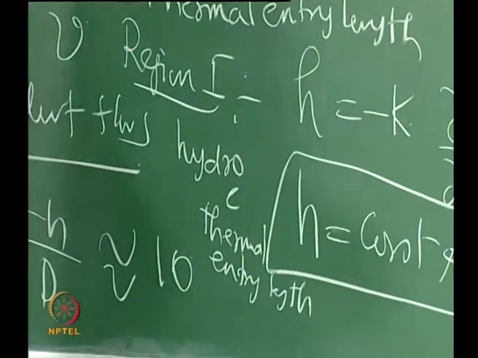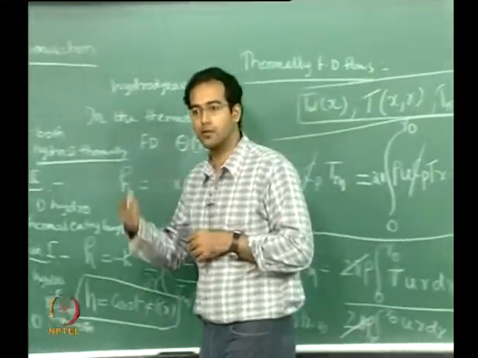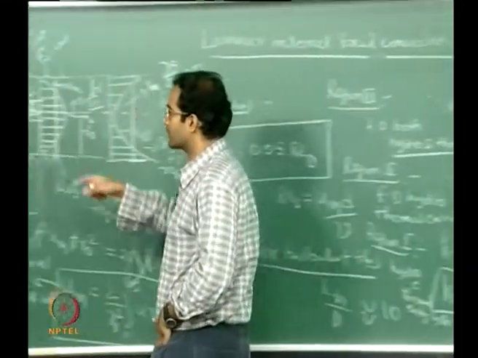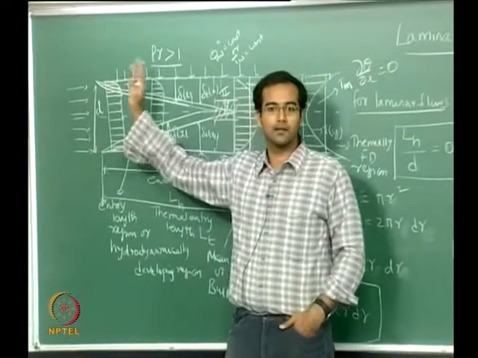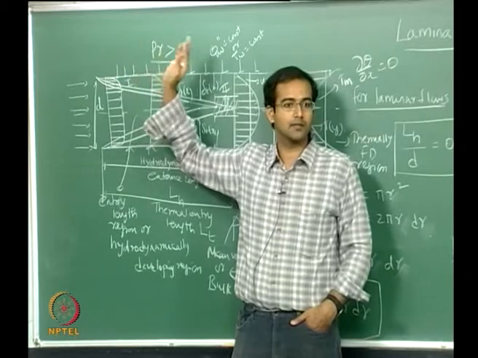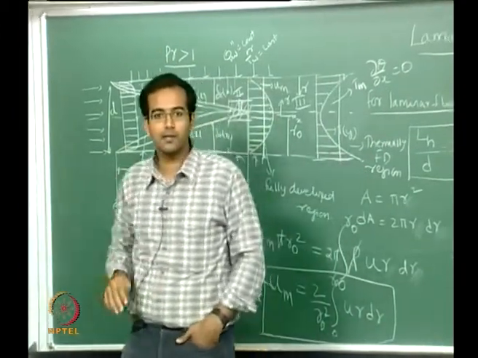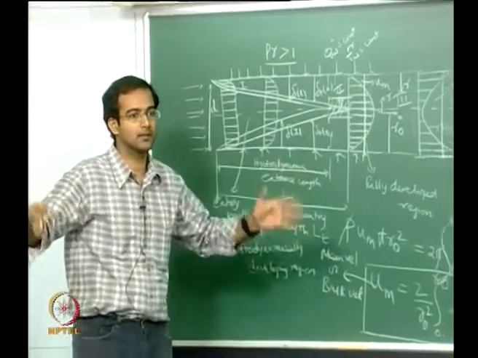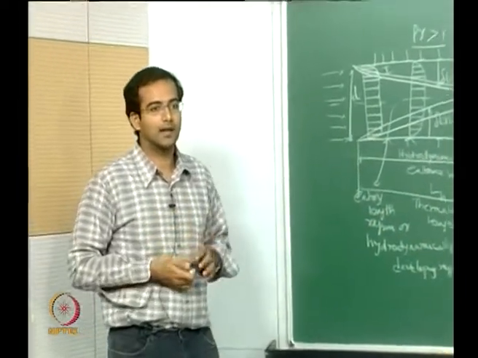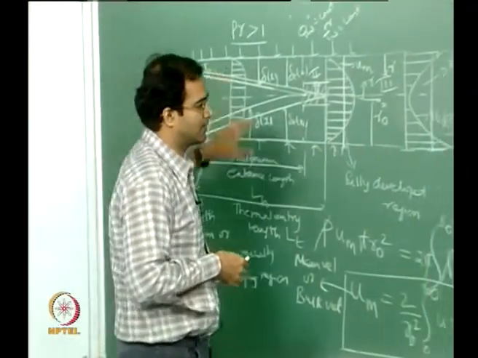In this region you cannot get a good closed form analytical solution. You have to solve the complete Navier-Stokes equation, because you cannot neglect any terms. The gradient of velocity is not 0, the gradient of non-dimensional temperature is not 0, so all the terms in the Navier-Stokes equation have to be present. Therefore you have to do a complete numerical solution for region 1.